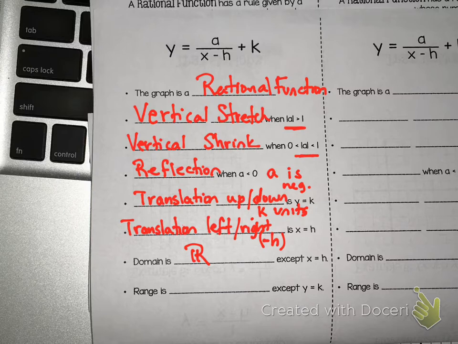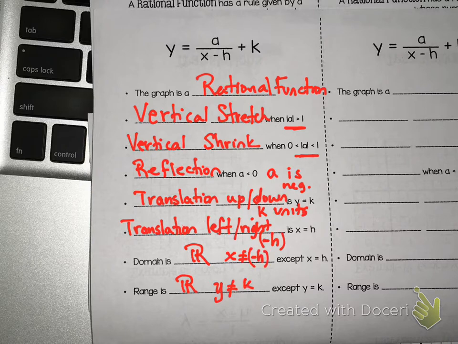We usually say x cannot equal h. And then your range is also going to be all real numbers except y cannot equal the k value.